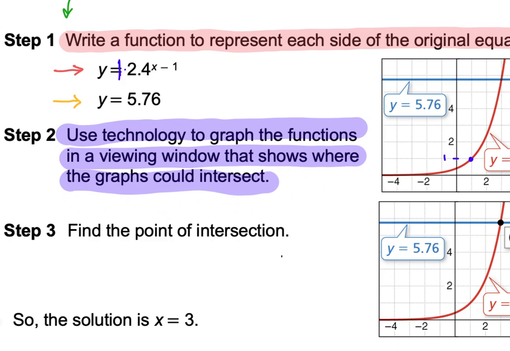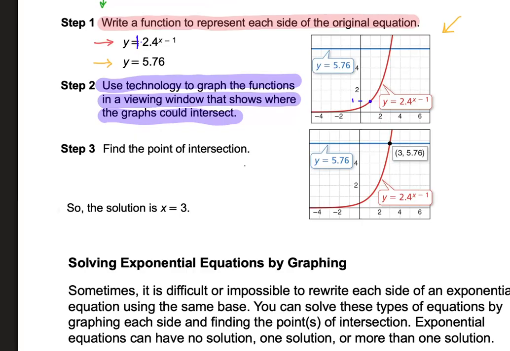I was going to say pause the video and do it, but no, we have it right here. There was that line, there's this line, and they intersect at 3 when the y is 5.76. Well, that part should kind of make sense, right? And so, once you have found the intersection, your solution is 3.